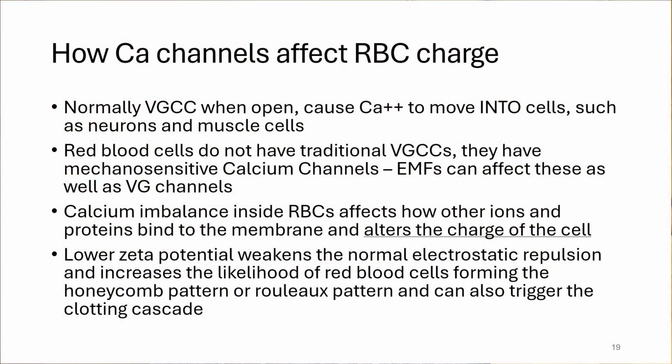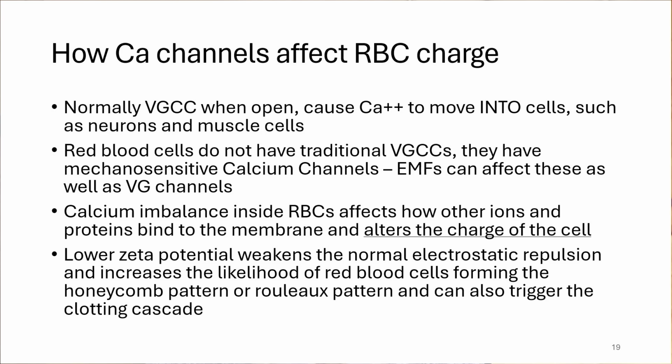In the red blood cells, there are no voltage gated channels, but there are mechanically regulated calcium channels. They can be affected. Excess calcium can go into the red blood cells, and that has the effect of changing the charge of the cell by affecting the balance of ions and proteins. Proteins can have a charge as well, that are on the outside of the red blood cell membrane.